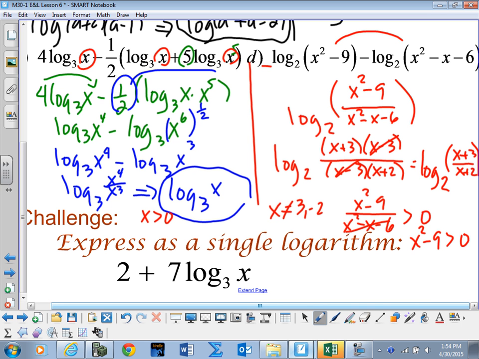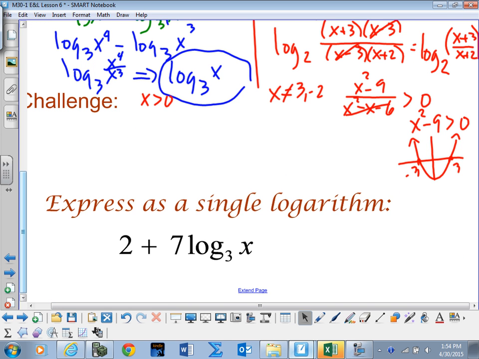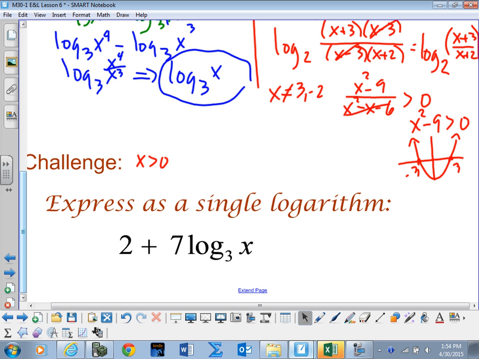So if we think of that on a number line, on a graph, x squared minus 9 is something like this. We have a 3 and a negative 3. That would be x squared minus 9. Give us a little more space again.